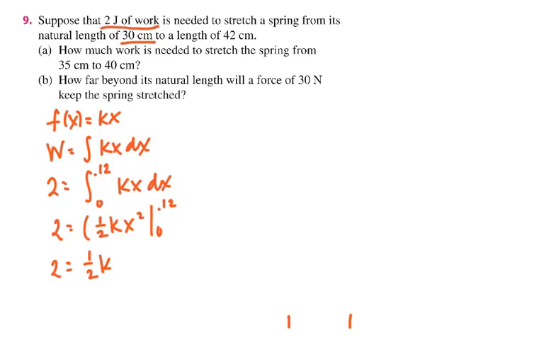But that's okay. K, and then I have 0.12 squared minus, and 0 times anything is 0. So we have 2 equals 1/2 k times 0.0144.